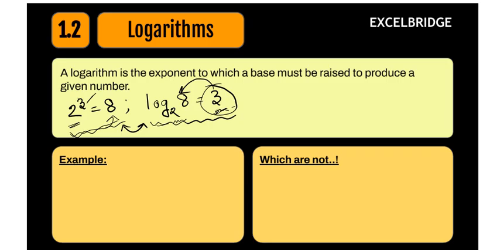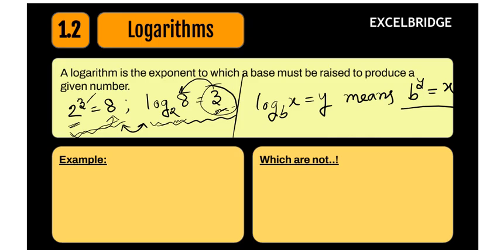So if we say log b of x equals y, what does it mean? It means the base is b, the exponent is y, and the result is x. So that's pretty easy.